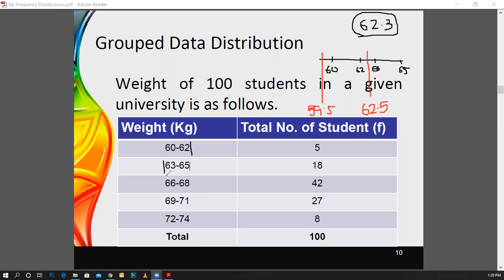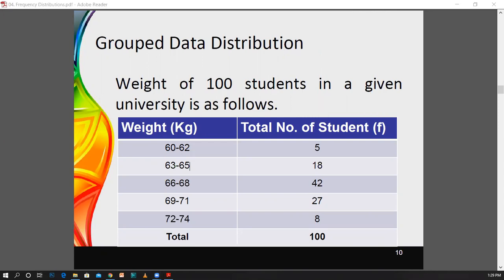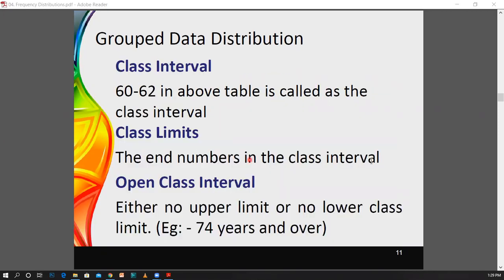Therefore, if you identify the class limits, it would be the last value, the maximum or the minimum value that you can see inside the class. The end number in the class interval is said to be the class limit. But in some cases there will not be class limits. We say such classes have open class intervals.